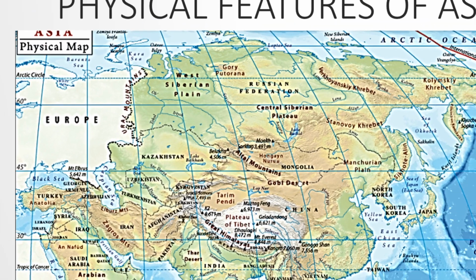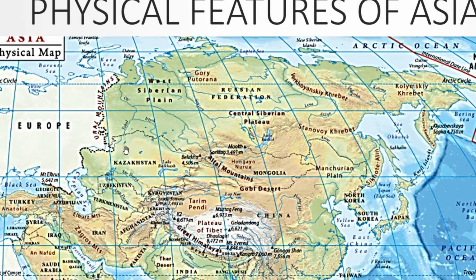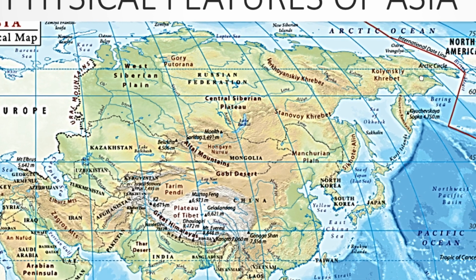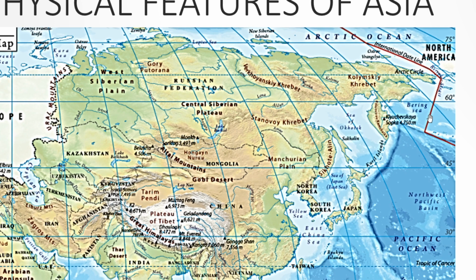So let us begin with the northern plains. The northern plains of Asia is also known as the Siberian plain. It is roughly triangular in shape and it extends from the Ural Mountains in the west to the Bering Sea in the east.